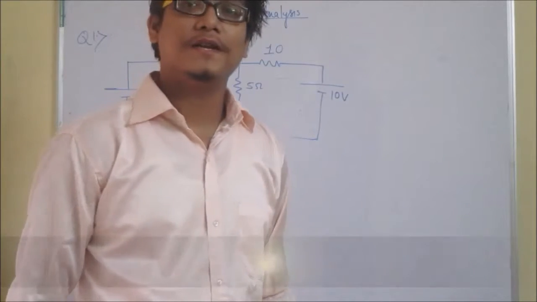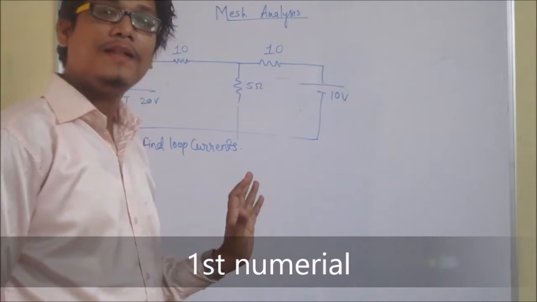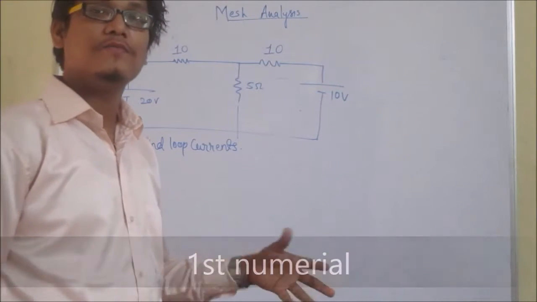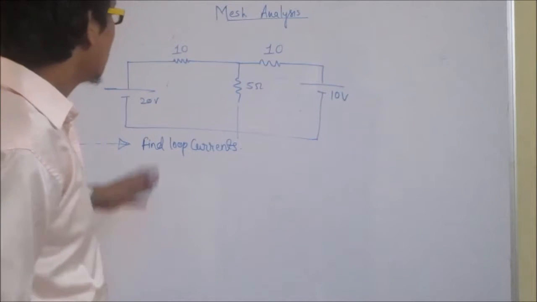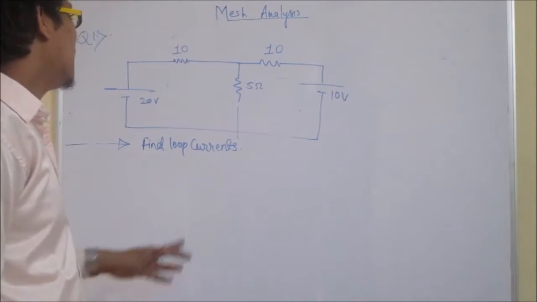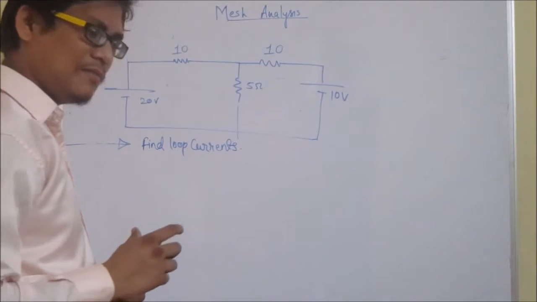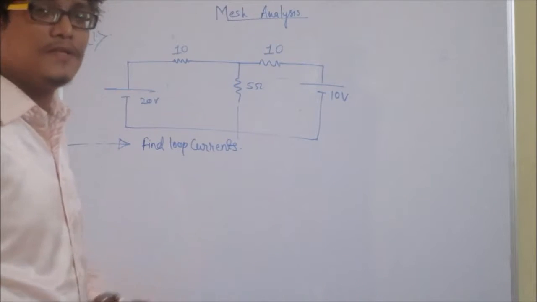Now we will start with the mesh analysis of the circuit. We will consider a sum and then we will understand what is mesh analysis. Considering this sum, they have given the circuit and they have asked to find the loop currents. Now, I will make you note down certain steps of mesh analysis.